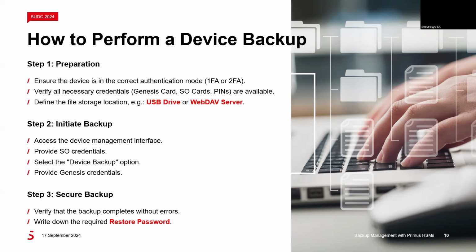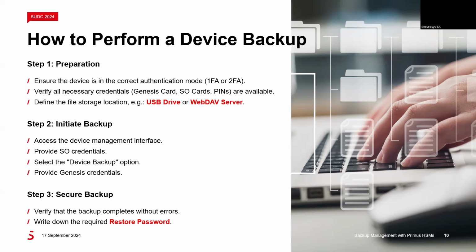Once I've done those preparation steps, I log into the HSM, authenticate myself with the security officers, and select the device backup option. I need to provide my Genesis credentials. Basically, the owner of the device needs to authenticate as well. Then the backup is made to your preferred destination, USB drive or WebDAV server.